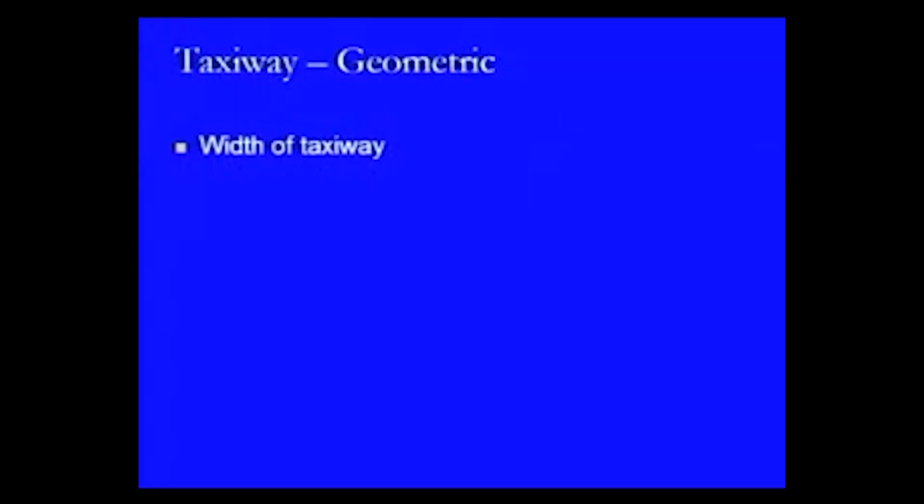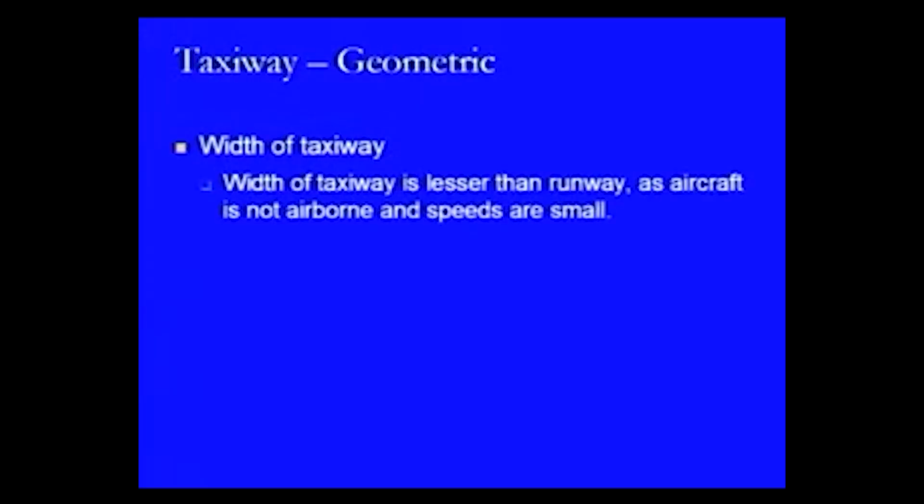Now, we come to another geometric feature of the taxiway, and that is the width of the taxiway. The width of the taxiway is lesser than the width of the runway. The reason behind is that the aircraft are not airborne and the speeds are small in this case.